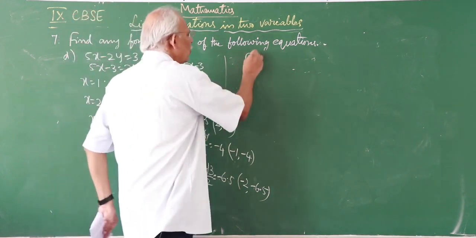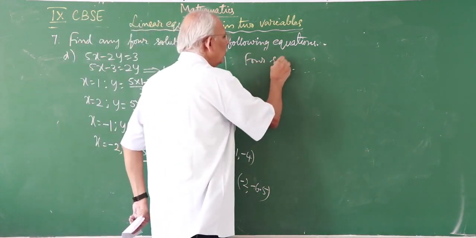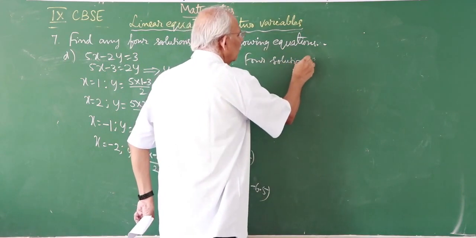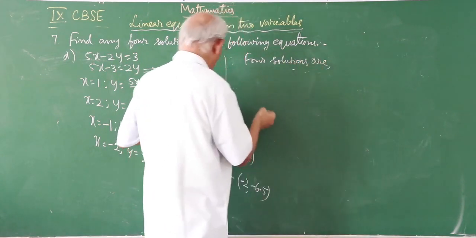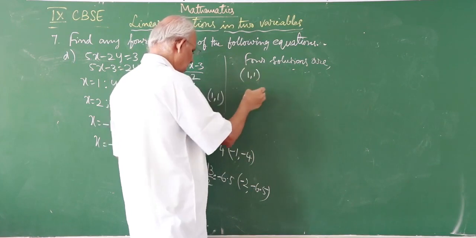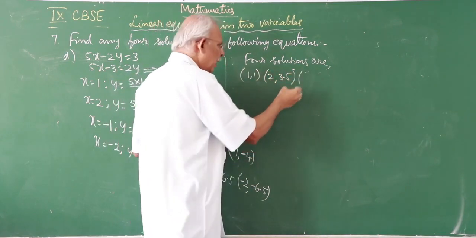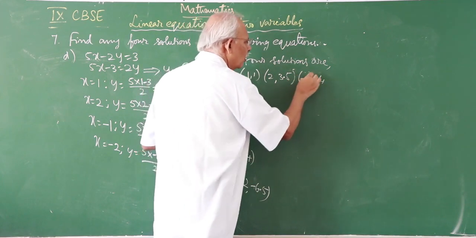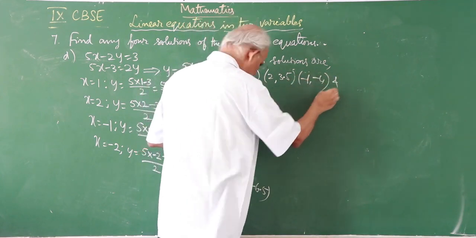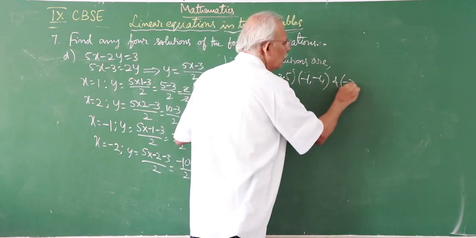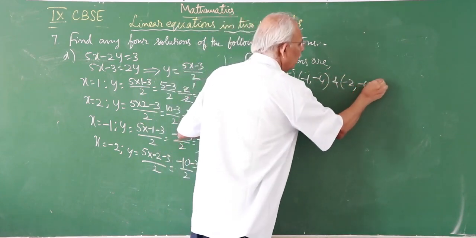So the 4 solutions, you have to write like this: 1, 1; 2, 3.5; minus 1, minus 4; and minus 2, minus 6.5.